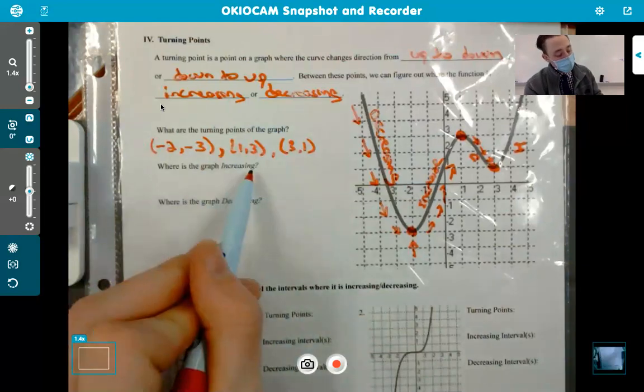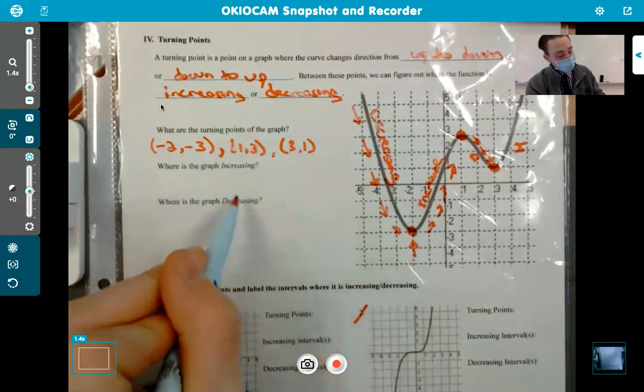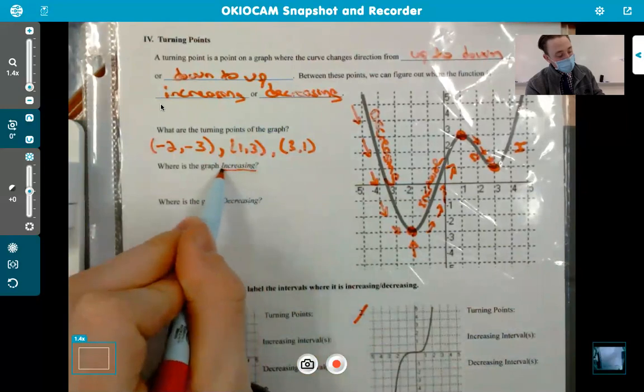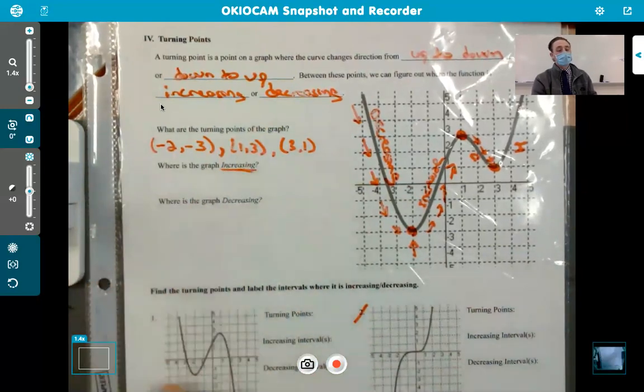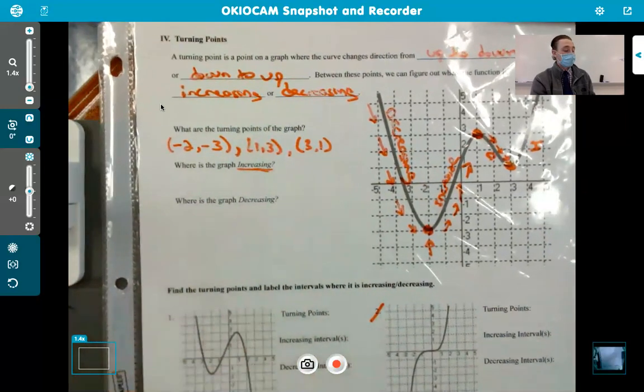The next thing we're going to discuss in our examples is to look at where our graph is increasing and decreasing. So the first one we're going to take a look at is increasing. We're going to be talking about intervals. So between certain values, where am I increasing? Where am I decreasing? All right. When we name these, similar to how we named our zeros, similar to how we named our maxes and mins, we're using our X values.